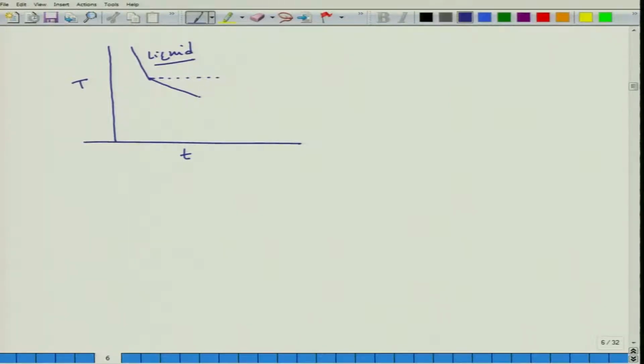And then again after some time we see there is another change, and this is 90% nickel plus 10% copper.